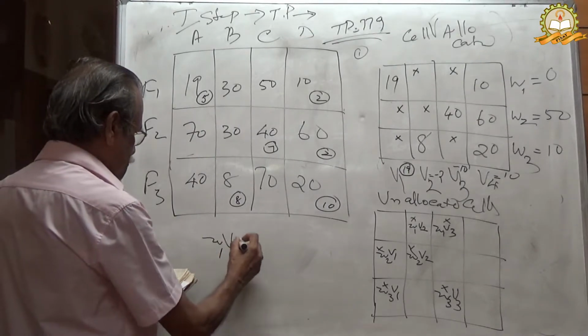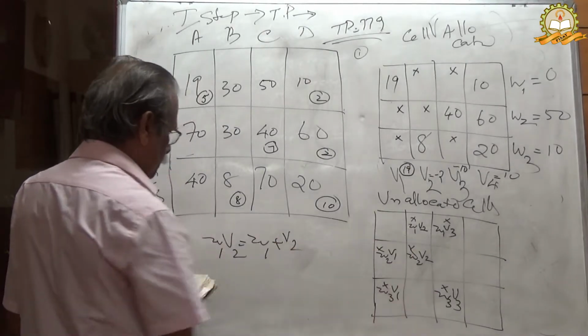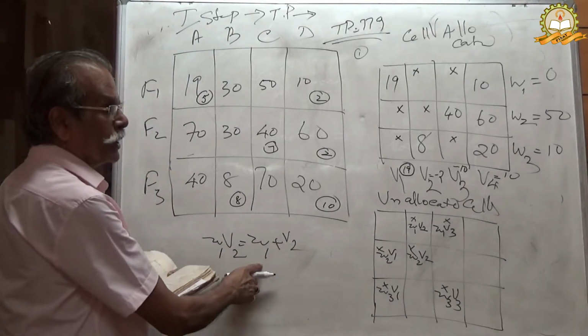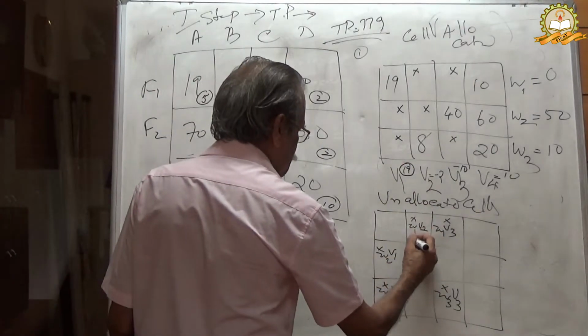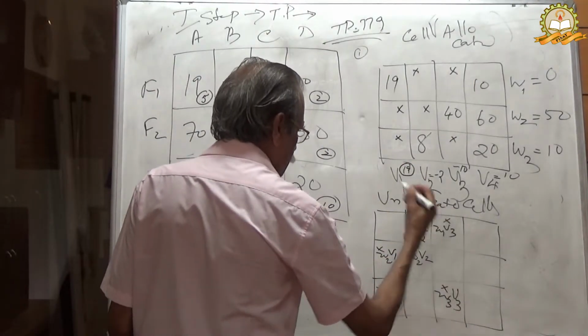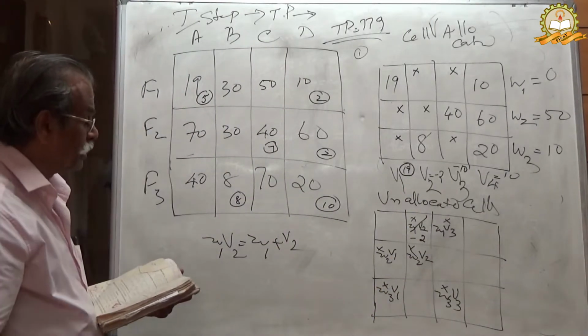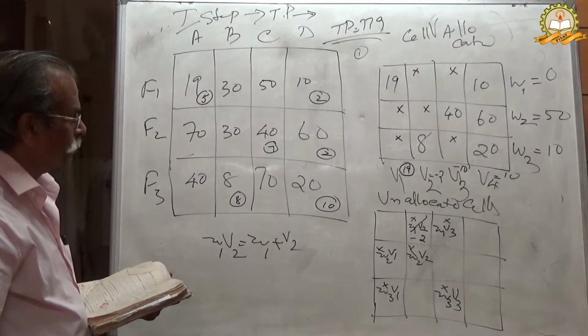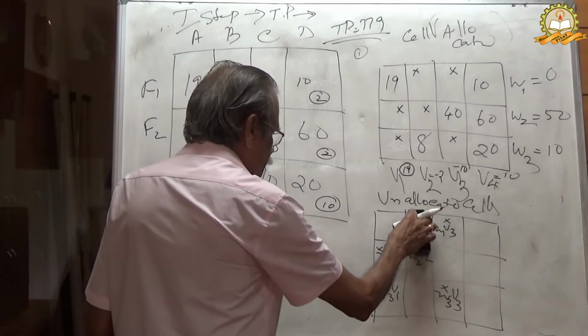U1V2 means U1 plus V2. U1 equals 0, therefore V2 equals minus 2.